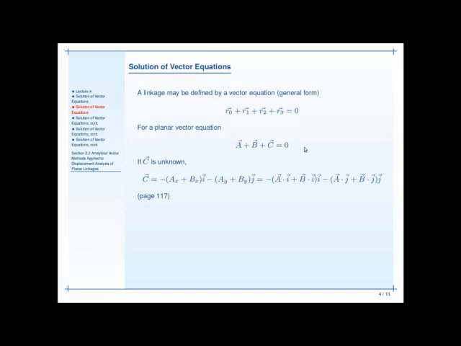If C is an unknown vector, and we decompose vectors A and B, we can reorganize that equation to say that C is equal to the negative sum of the x components of A and B multiplied by the unit vector I, minus the sum of the y components of A and B multiplied by the unit vector J. Or we can reorganize it a little bit further using that interpretation that the dot product of a vector and a unit vector is the projection of that first vector in the direction of the second.